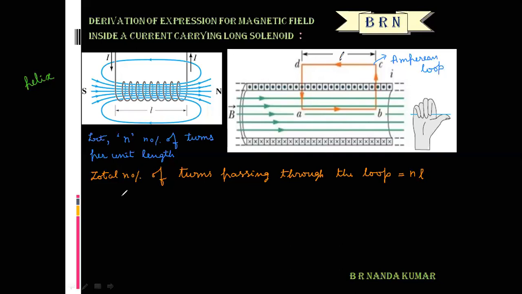So here first we have to calculate the line integral of magnetic field. Line integral of magnetic field, integration of B vector dot dl vector. Actually, this splits into four parts.